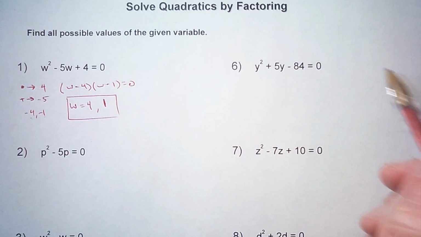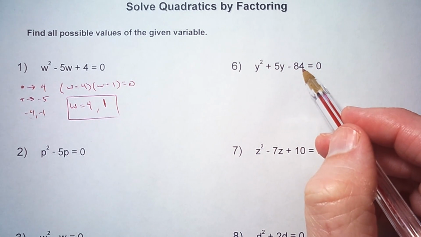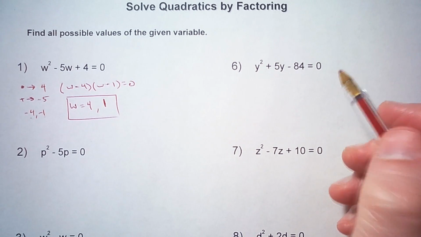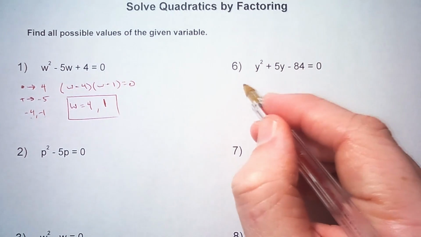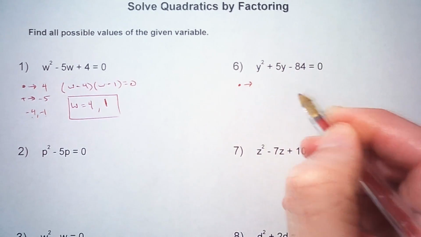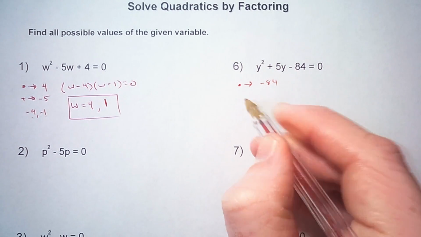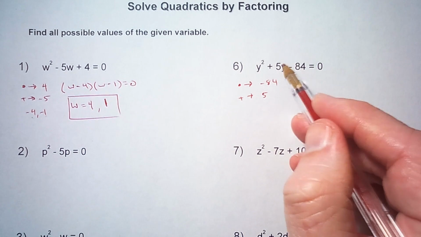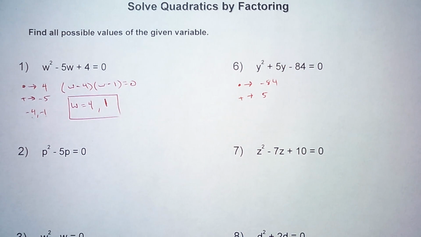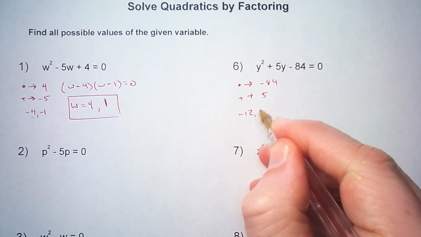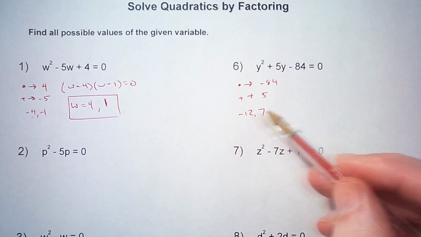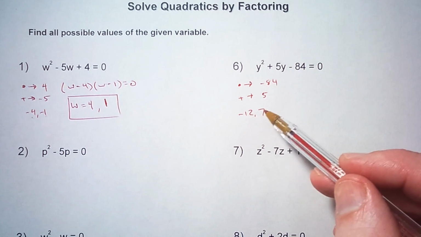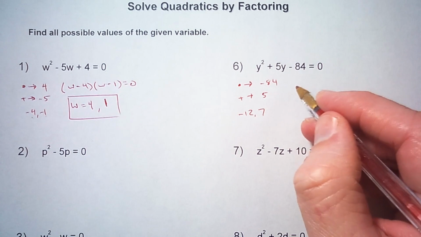y squared plus 5y minus 84. There is no greatest common factor that I can factor out. So I will look for 2 numbers that multiply to -84 and add up to +5. So they multiply to c and add to b. Those numbers are -12 and 7. -12 times 7 is -84. -12 plus 7 is 5.